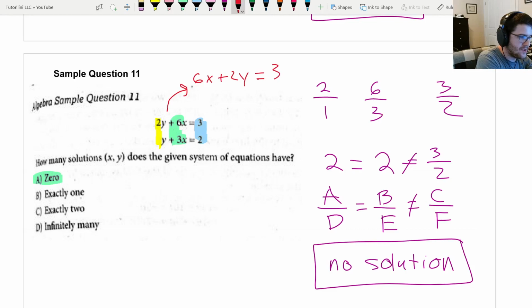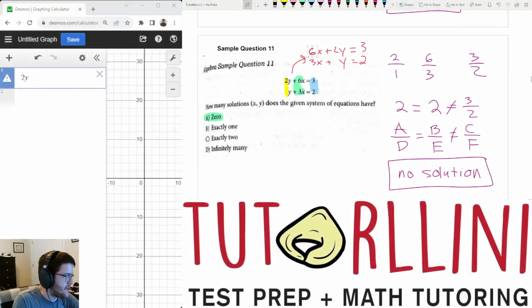I suppose it doesn't matter too much, but I would do that first. It's not going to really change anything, I don't think, but be consistent. Always put it in standard form first. So really it would be 6 over 3, 2 over 1, and then 3 over 2, and you still get the same thing. Okay, anyway, regardless, on the actual test, I wouldn't even put any of that up to chance.